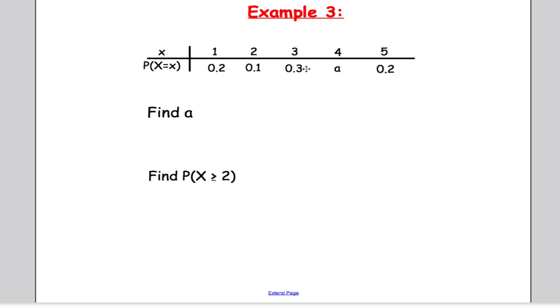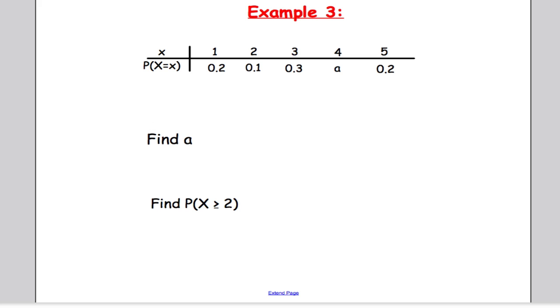So we're given a probability distribution, and we're asked to work out what A is to begin. So first thing we must remember is that the sum of the probabilities must add up to 1. So that's useful.